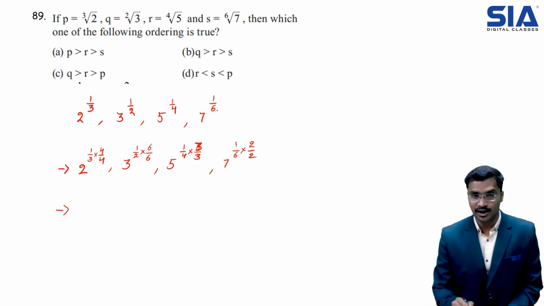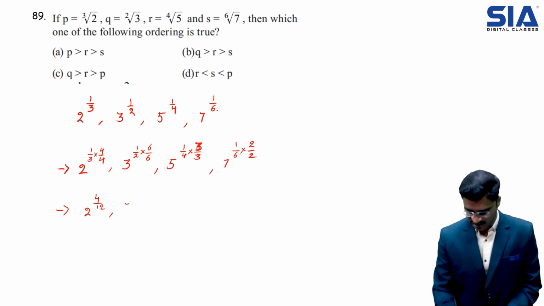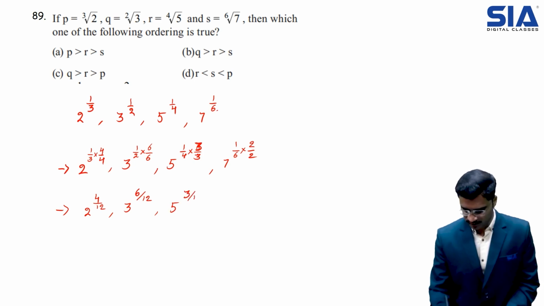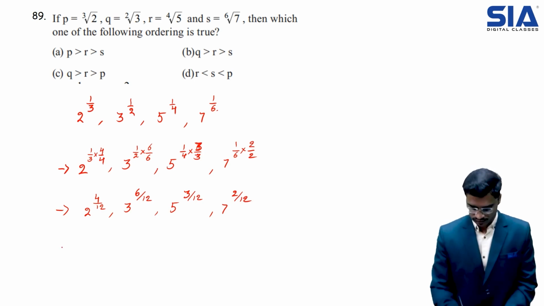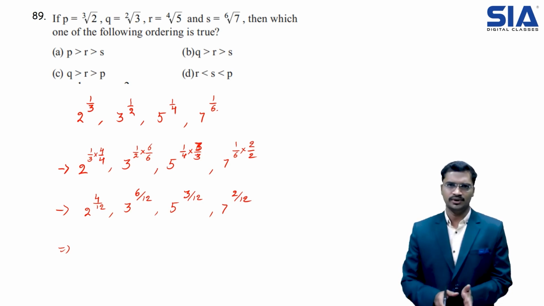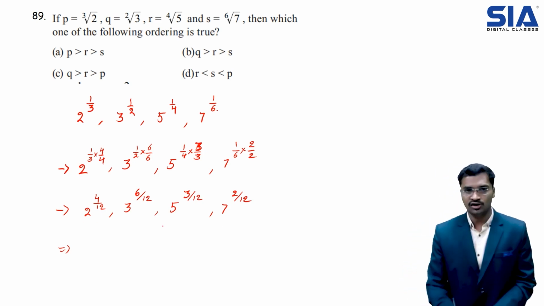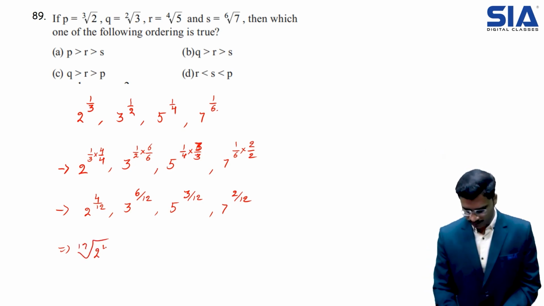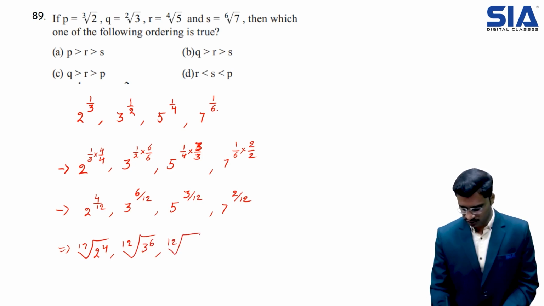After multiplying, I am getting 3 to the power of 4 by 12, 3 to the power of 6 by 12, 5 to the power of 3 by 12, and 7 to the power of 2 by 12. So all of these are 12th roots: 12th root of 3 to the power of 4, 12th root of 3 to the power of 6, 12th root of 5 cube, and 12th root of 7 square.